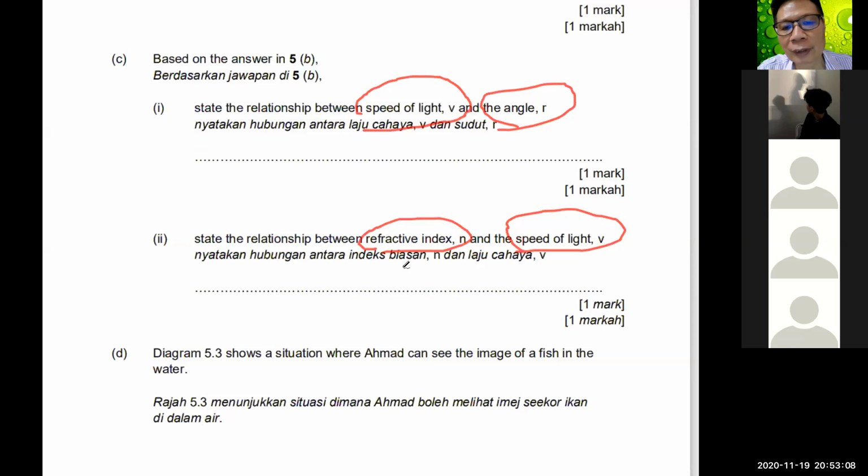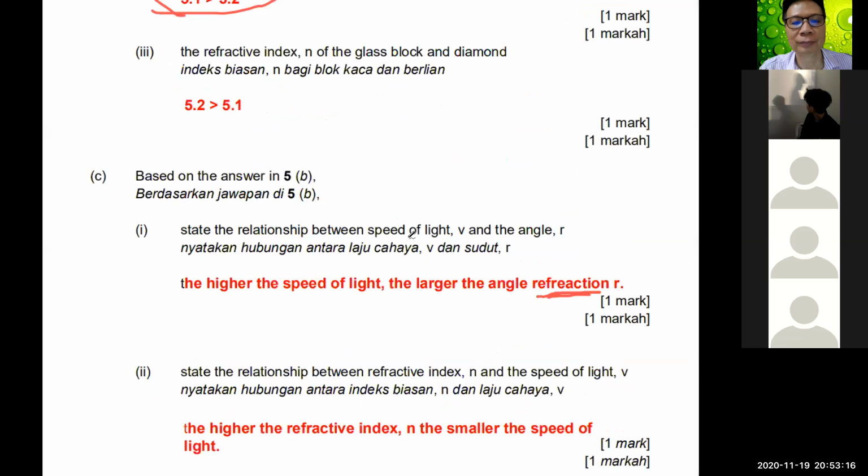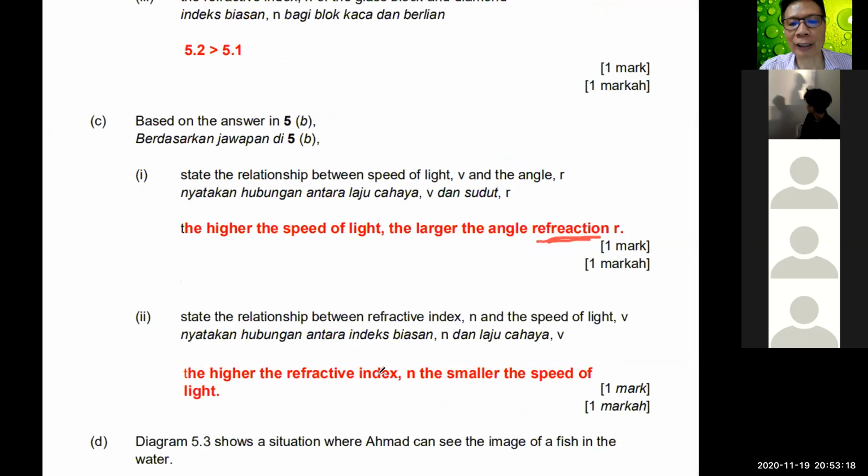Very good. The bigger the refractive index, the lower the speed of light. Okay, the higher the refractive index, the smaller the speed of light. Okay, that's the answer. Okay, come, next.